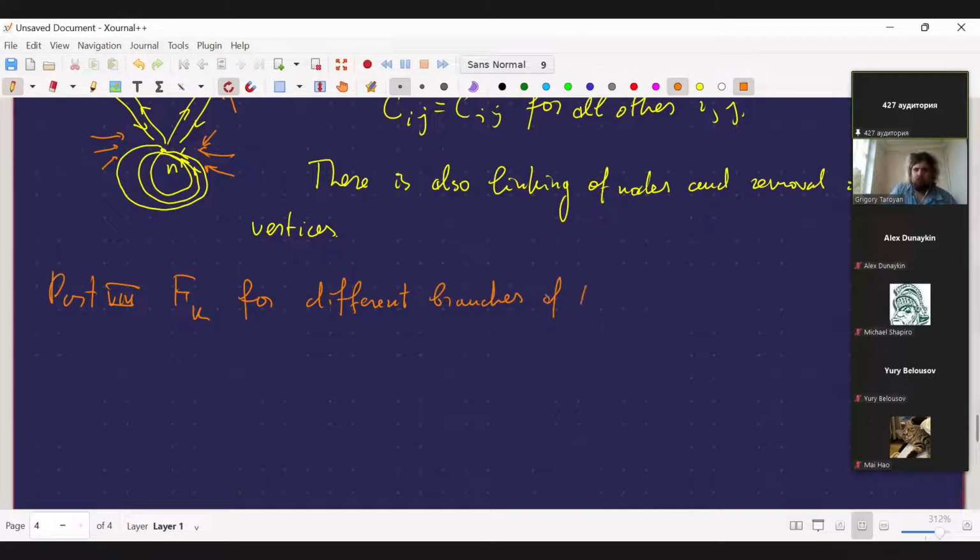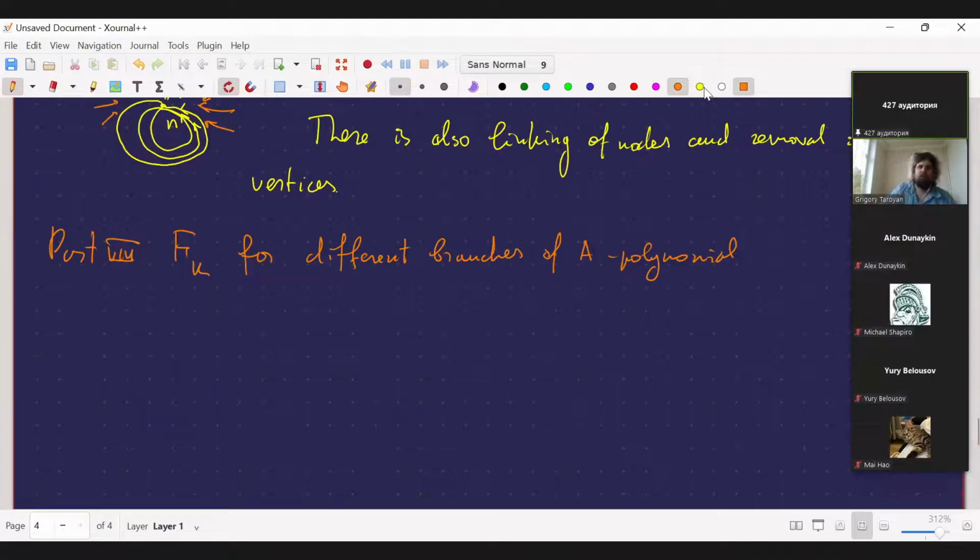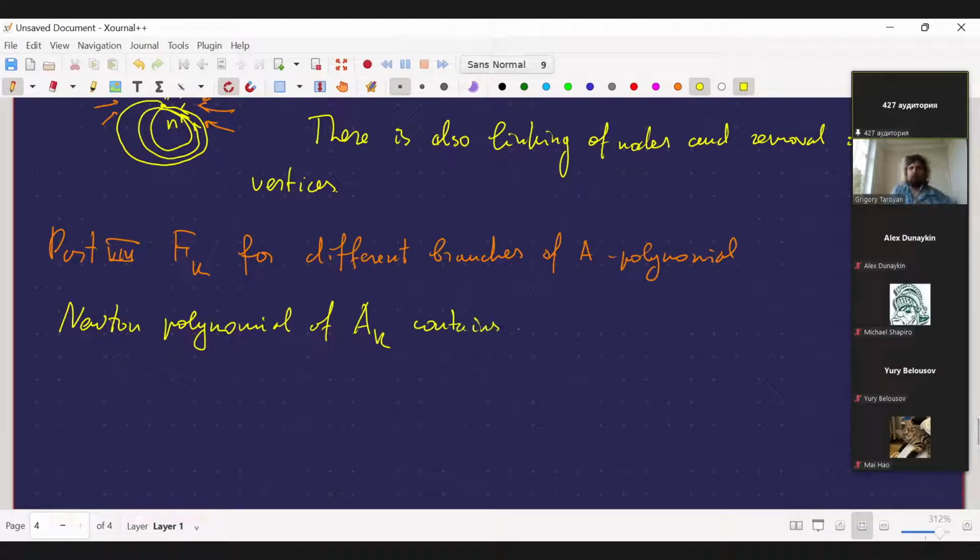A polynomial. Okay, so first of all, the Newton polygon of A_K contains a lot of information about the knot.